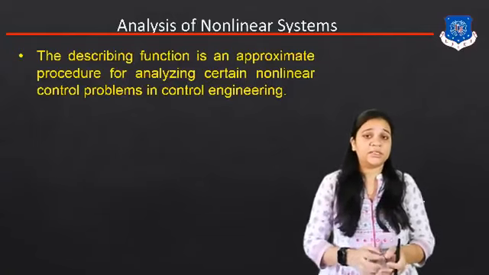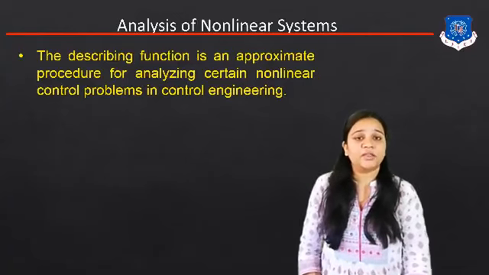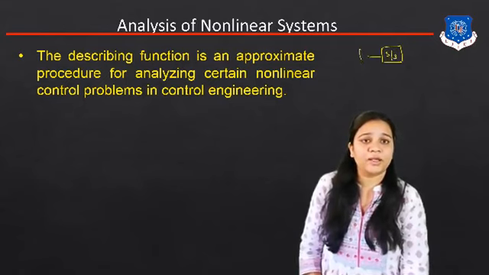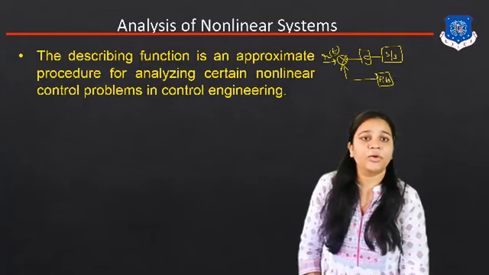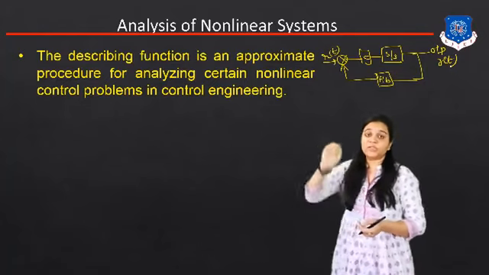That means if there is any change in the input signal, suppose we deal with a closed loop system, this is my system, and in that we connect the controller. This is my summing point, R(t) is my input signal, this is my feedback element, and this is my output signal, known as Y(t). So a simple closed loop system is given.